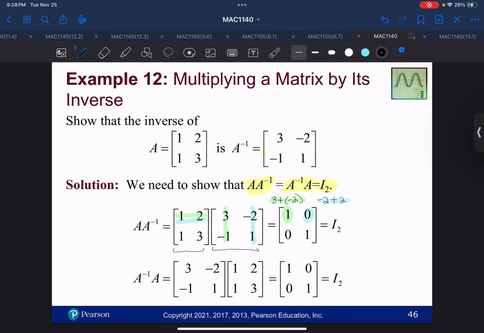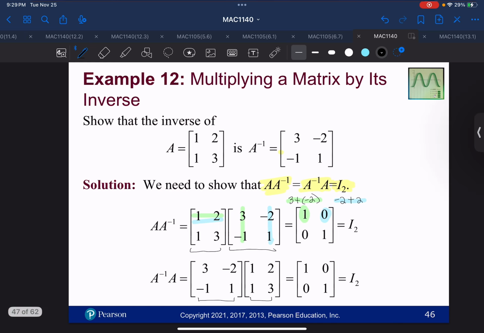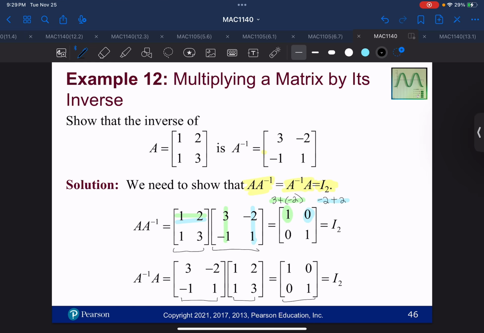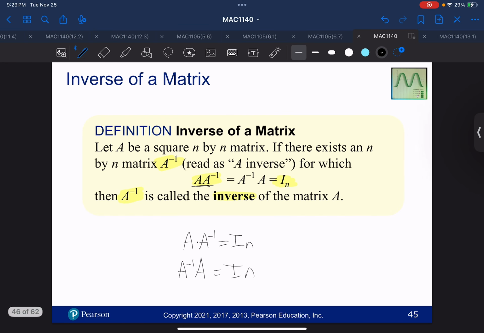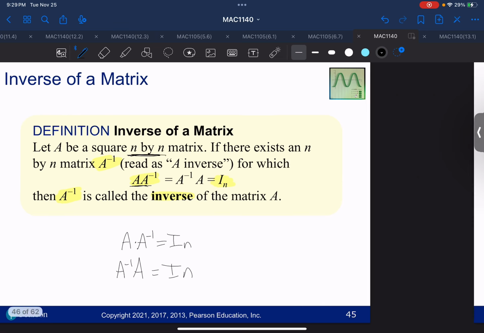And then you see that they do it the other way around and multiply it this way, and we still get the identity matrix. The reason why the order doesn't matter here is because this theorem is for n by n matrices.